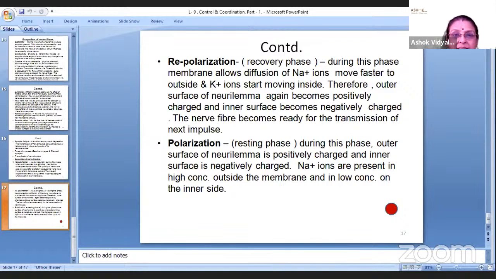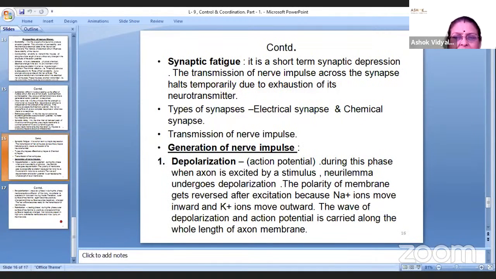So I hope you understand the meaning of polarization. It is the resting phase. During this phase, the outer surface of the neurilemma is positively charged and the inner surface is negatively charged. Sodium ions are present in high concentration outside the membrane and in low concentration on the inner side. Then during the depolarization phase, or the action potential, what happens?